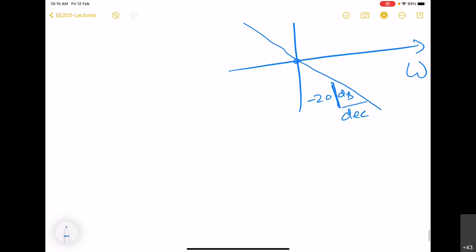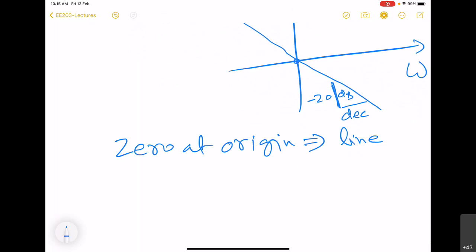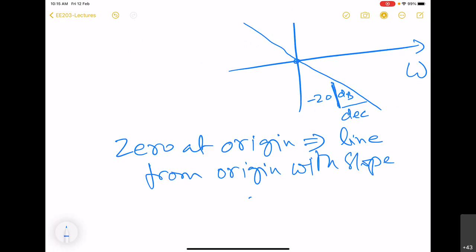So what we conclude is 0 at origin implies line from origin with slope plus 20 dB per decade.